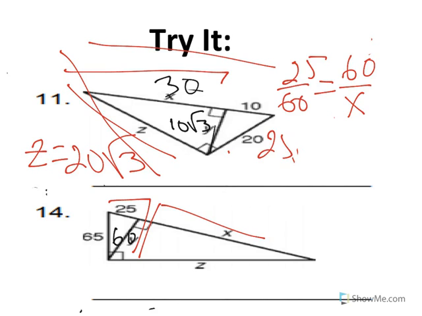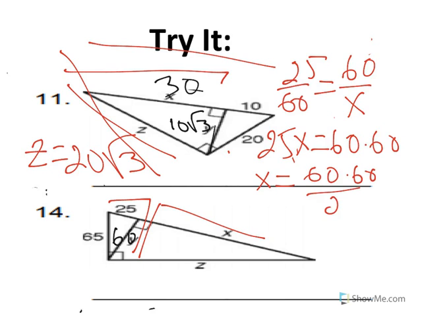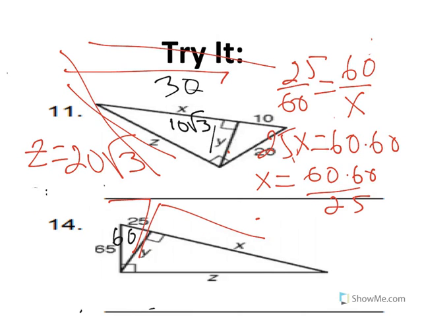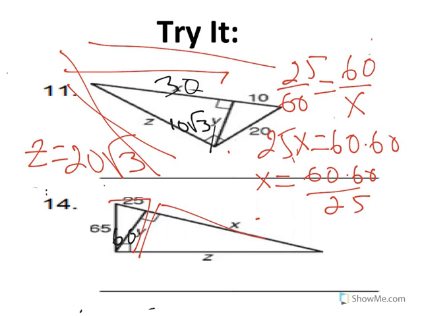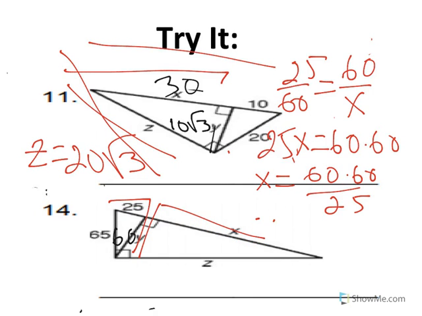So then 25 times x equal to 60 times 60. And so then x equal to 60 times 60 divided by 25. Okay, so then x is equal to 144.